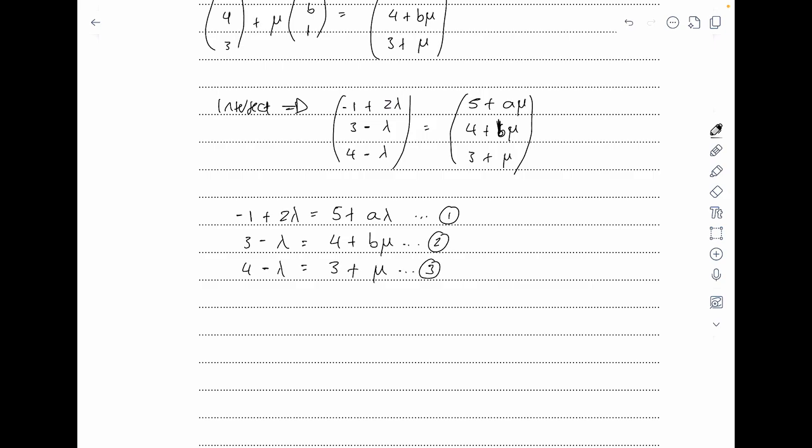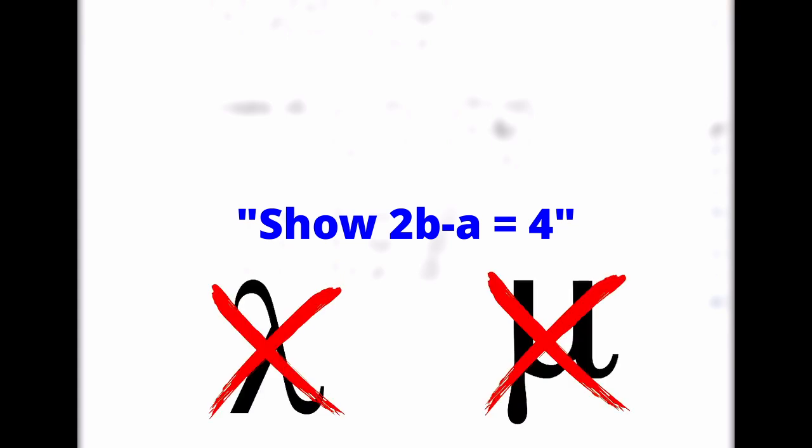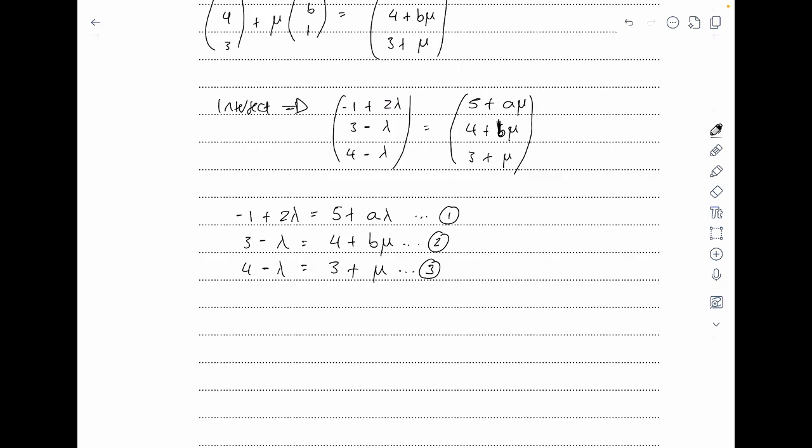Now, notice something else. The equation they want us to prove is in terms of B and A. This is important because it highlights the need to eliminate other variables, specifically lambda and mu. This means that step 2 would entail rearranging each equation like so.